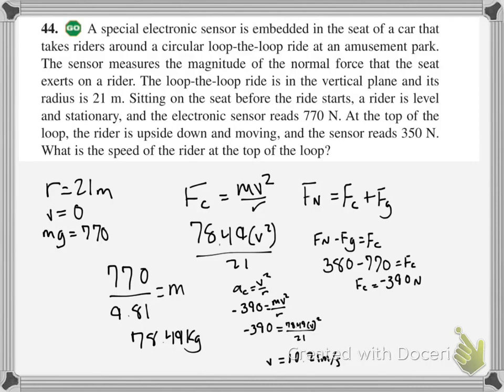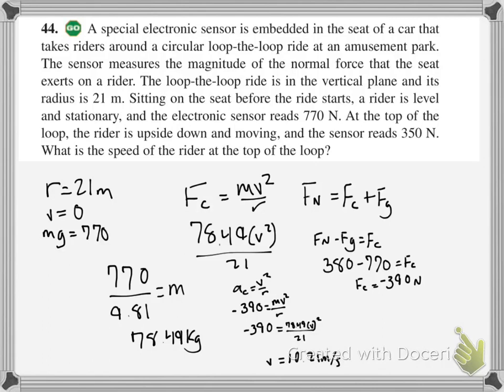So, at the bottom of the loop, we know the radius is 21 meters. The velocity is 0 because it is stationary, as it says in the problem. And the weight, or the mass times the gravity, is 770 newtons. So we should start out by finding the mass of the rider instead of the weight.